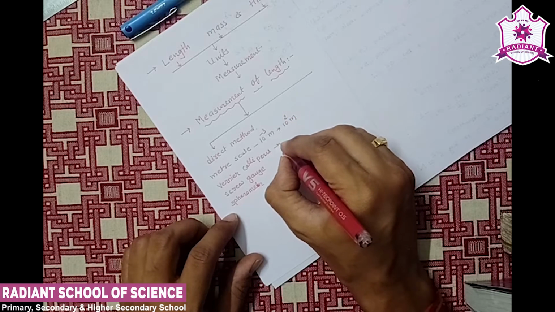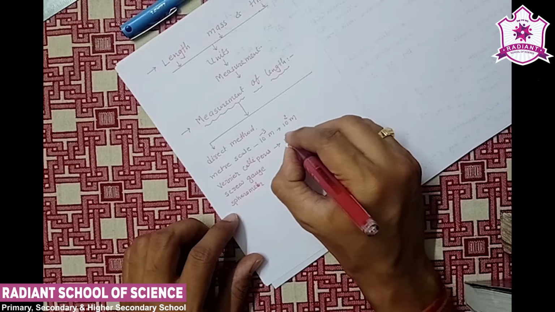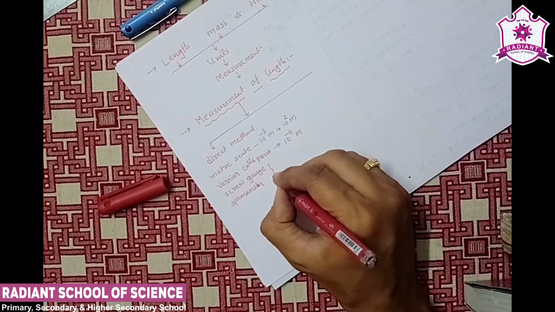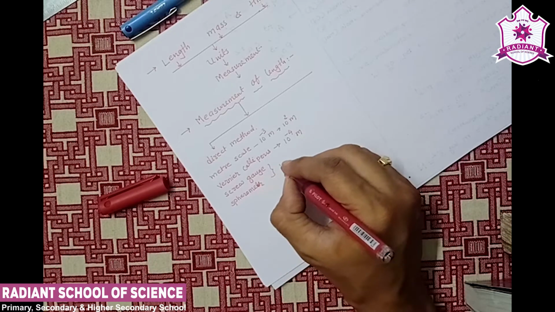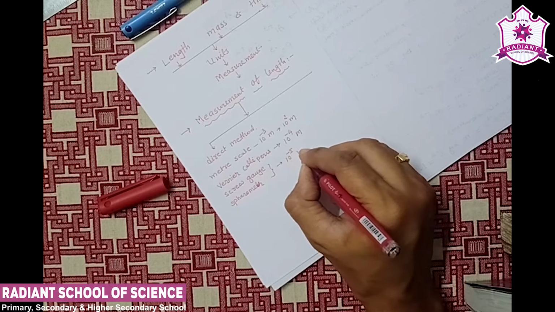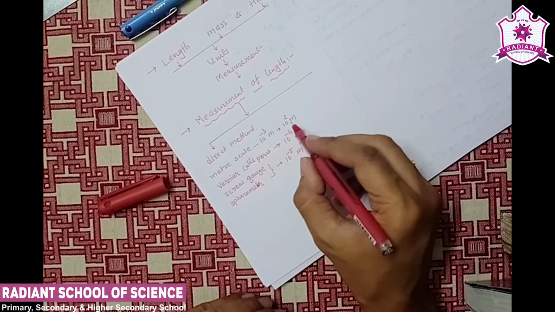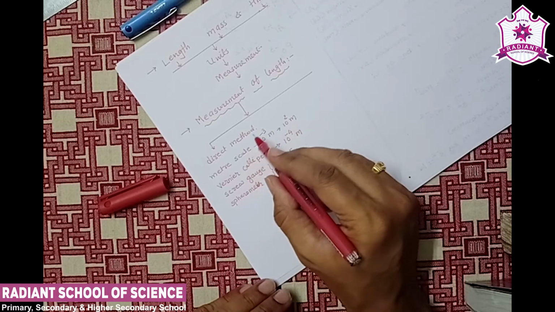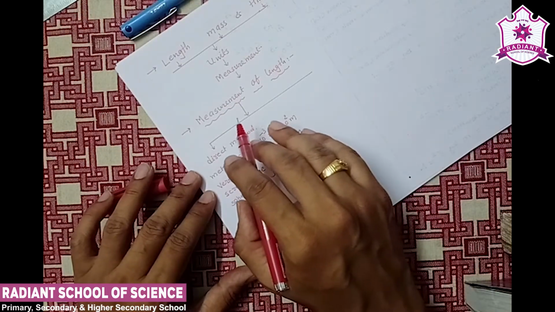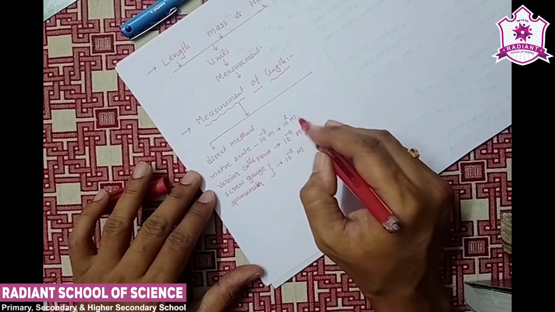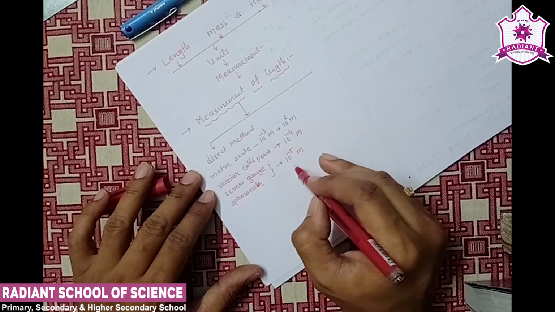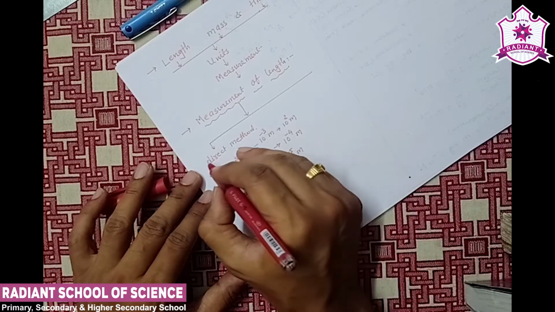In vernier calipers, we have a measurement accuracy of about 10 raised to minus 4 meter, and in screw gauge and spherometer we have an accuracy of about 10 raised to minus 5 meter. So these are different methods and different scales that we can use to find the length in a precise and perfect manner. This is the range up to which we can measure quantities.